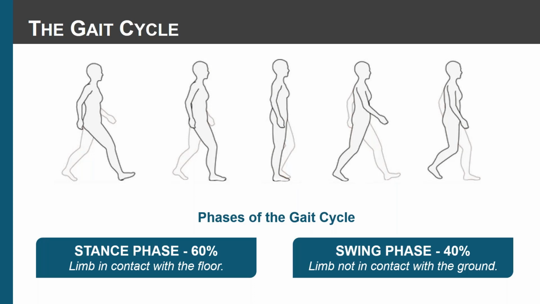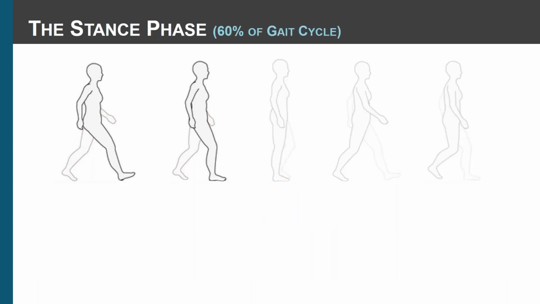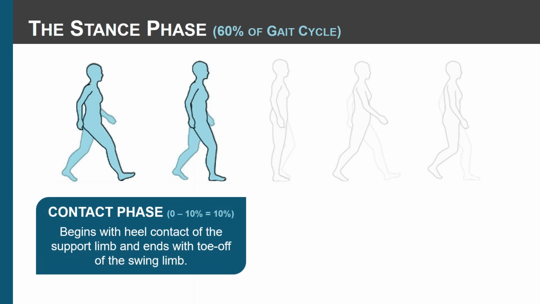There are also some subphases within the gait cycle, more specifically the stance phase. The first subphase is called the contact phase, which occurs essentially when the heel contacts the floor on the support limb and ends with the toe off of the swinging limb.